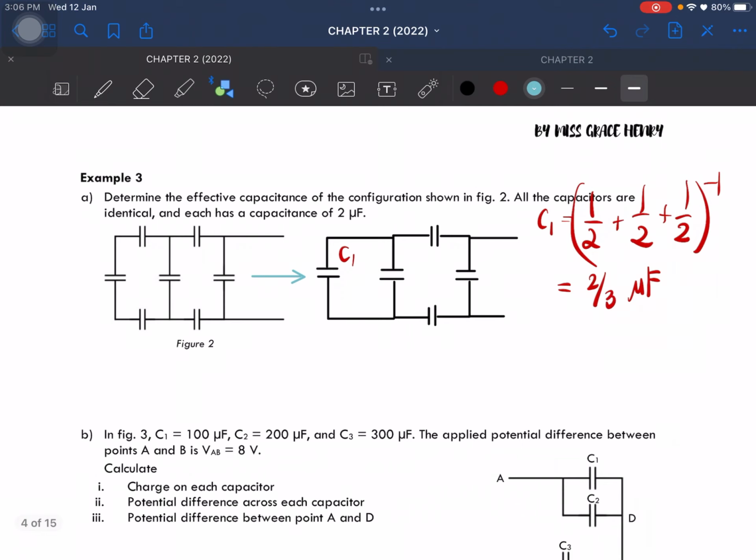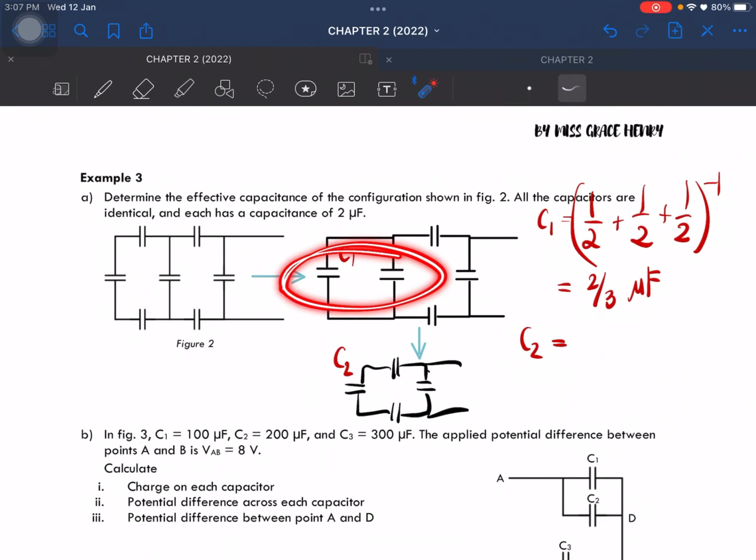Then we have to simplify this again. This time we are simplifying this 2 here. Can I just draw it? Just sketch it because it takes time to draw nicely. So it's going to be like this. Okay, so this is your C2. C2 is basically the addition of this.